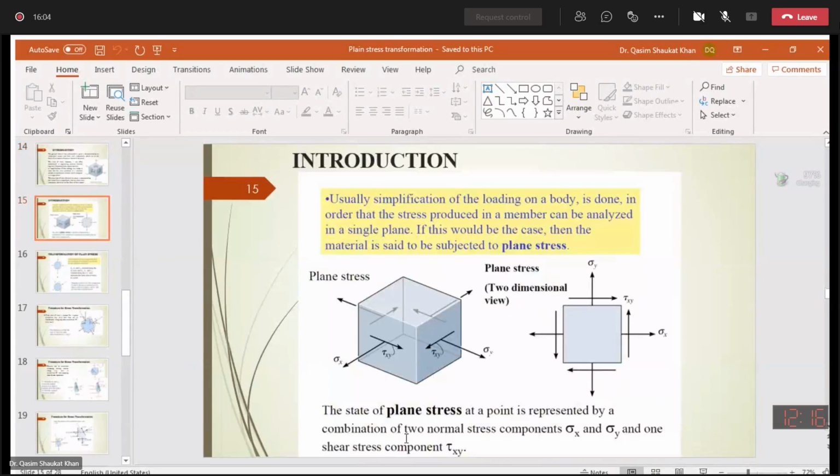Let's first see the figure and then it will be more clear. So this is my x-axis, this is my y-axis, and z-axis. Now I am saying that I am going to work in two dimensions, meaning I am just eliminating the z-axis, so I am just working in the x and y axes.